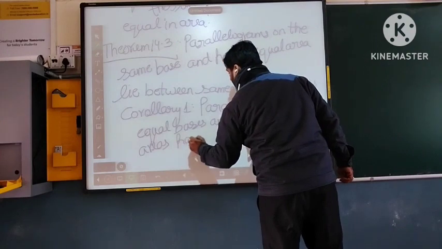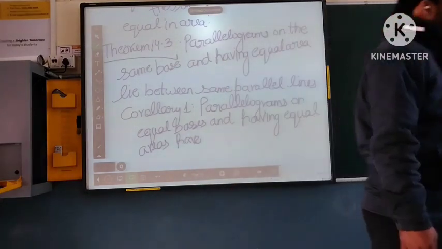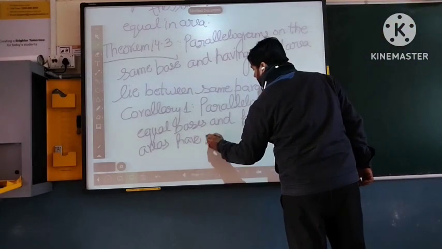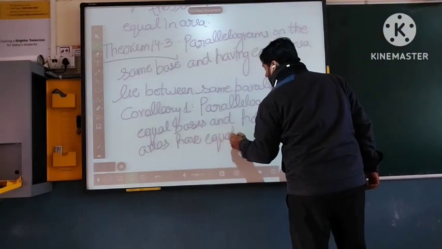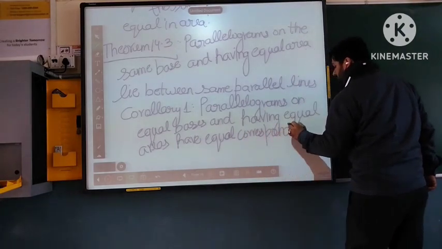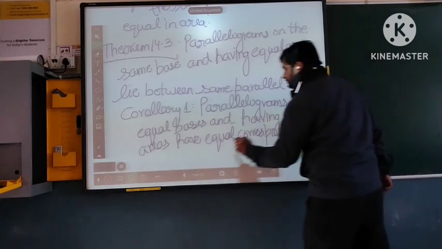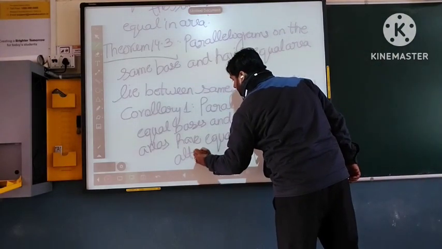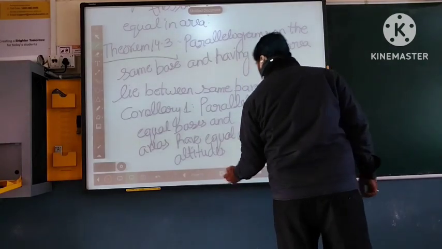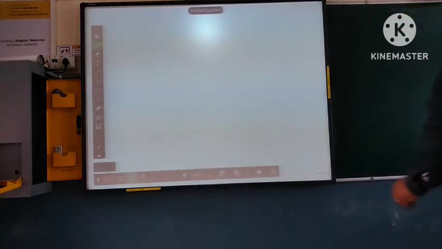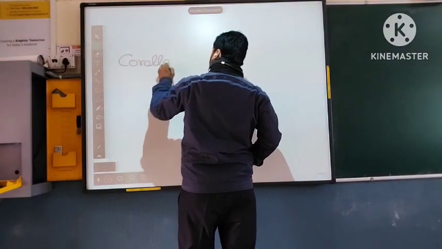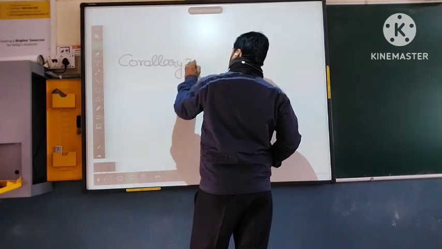Here we say they will have equal corresponding altitudes. The word corresponding is important here. If you have learned the questions where the altitude length was changing depending on the shorter side or the longer side, you have done that question also. Yes or no?